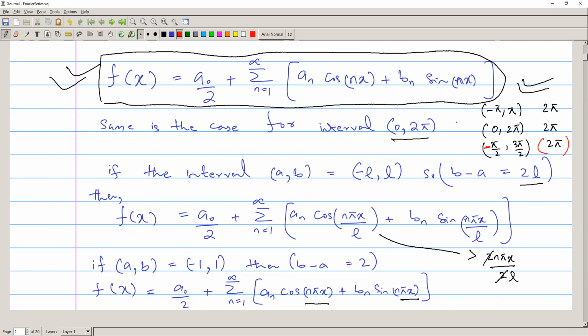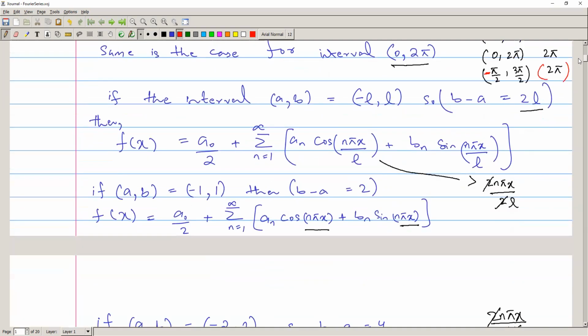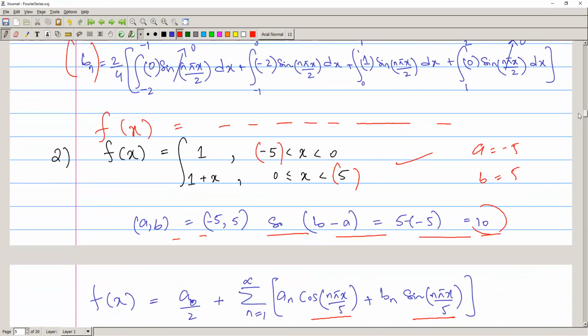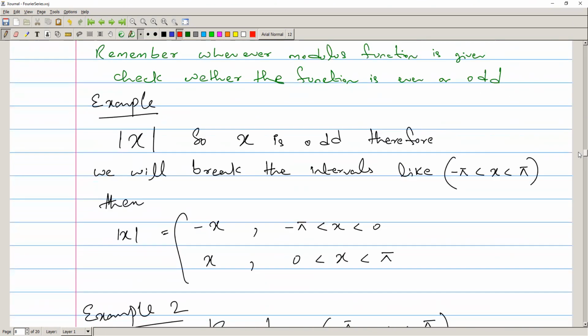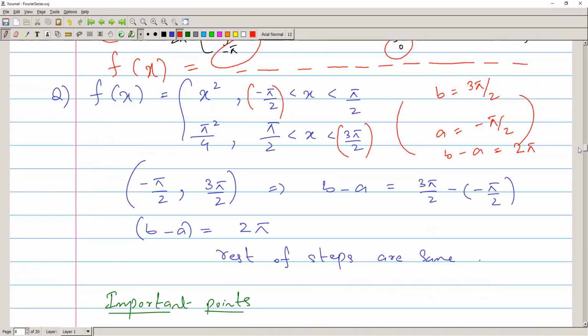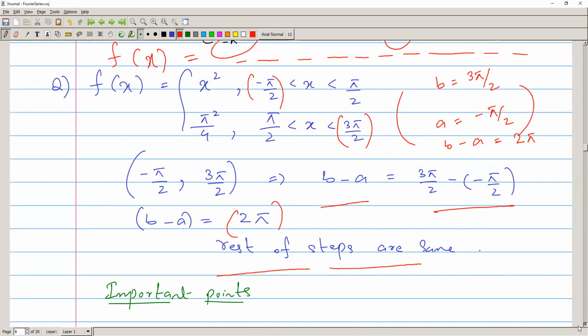Otherwise, the period will become pi, right? So you need to make a correction here. So again, we are done with modulus functions. And here the period is 2 pi, the rest of the steps are the same, you can carry on, right?